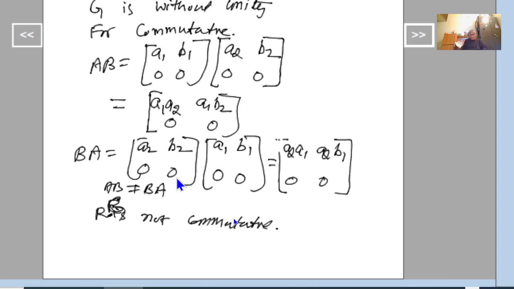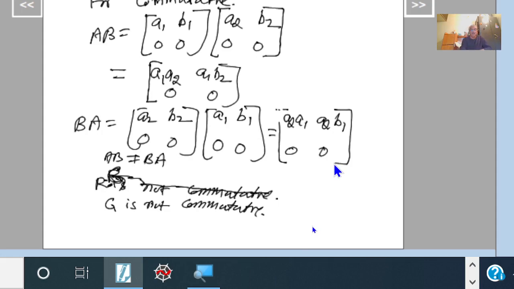It's not R, I have taken G here. G is not commutative. So G is just a ring, without unity, and it is not a commutative ring. Okay. Thank you. I'll stop here.